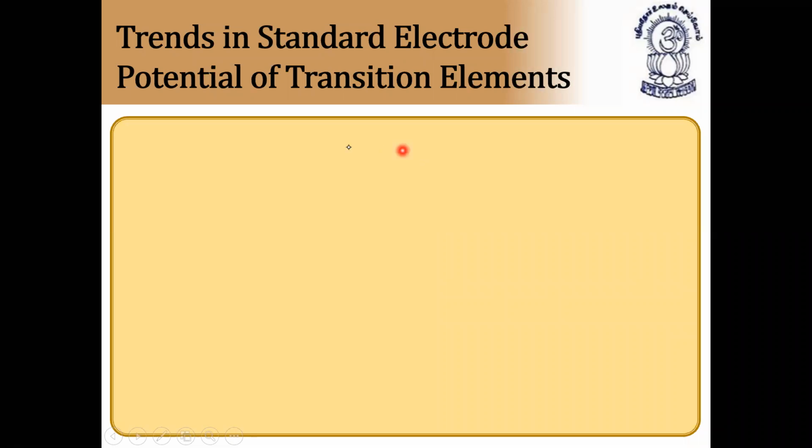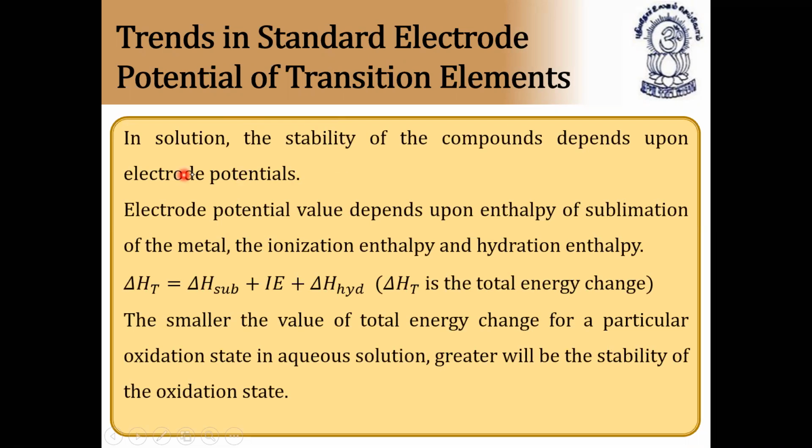Now trends in standard electrode potentials of transition elements. This we'll discuss now. In solution, the stability of the compounds depends upon electrode potential. What is electrode potential? This we have seen in electrochemistry.